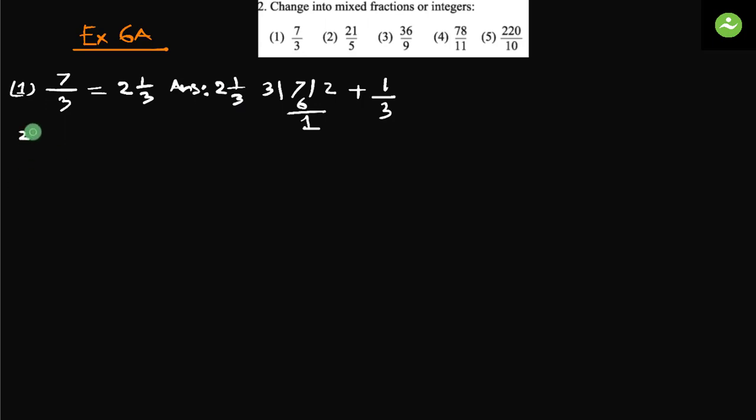Number 2. 21 by 5. Divide 21 by 5. 4 into 5 is 20, and the remainder is 1, so 4 and 1 by 5.